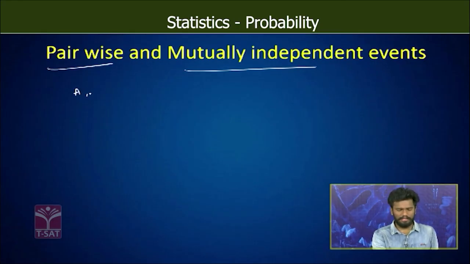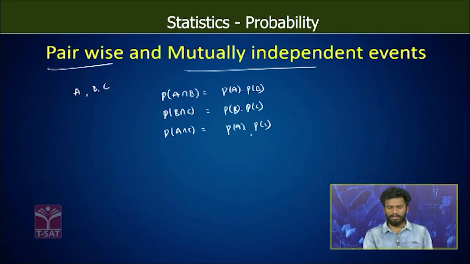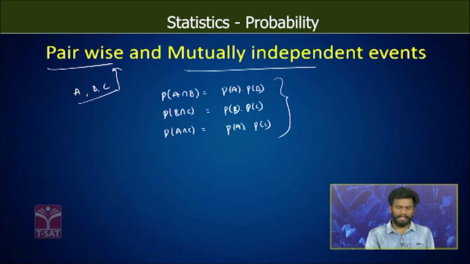Now let's consider three events A, B and C. Probability of occurrence of A and B is probability of occurrence A into probability of occurrence of B. Probability of occurrence of B and C is given by probability of occurrence of B and probability of occurrence of C. Also, probability of occurrence of A and C is given by probability of occurrence A into probability of occurrence of C. So when these three statements are satisfied, then we say that A, B, C are pairwise independent events.